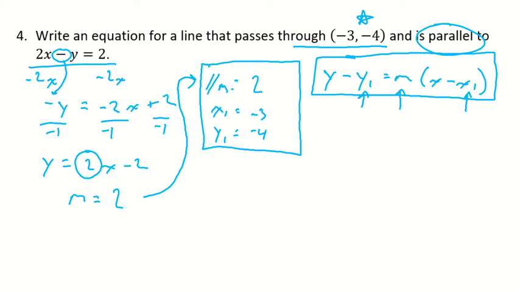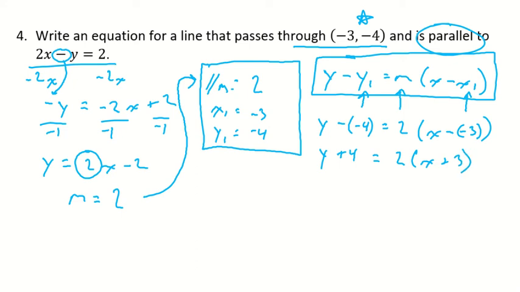And all that information we have collected in the first box that we wrote in the middle of the page. So we'll substitute y minus -4 equals 2 times x minus -3. And from here, we're just going to simplify and clean this up a little bit. Y plus 4 equals 2 times x plus 3.